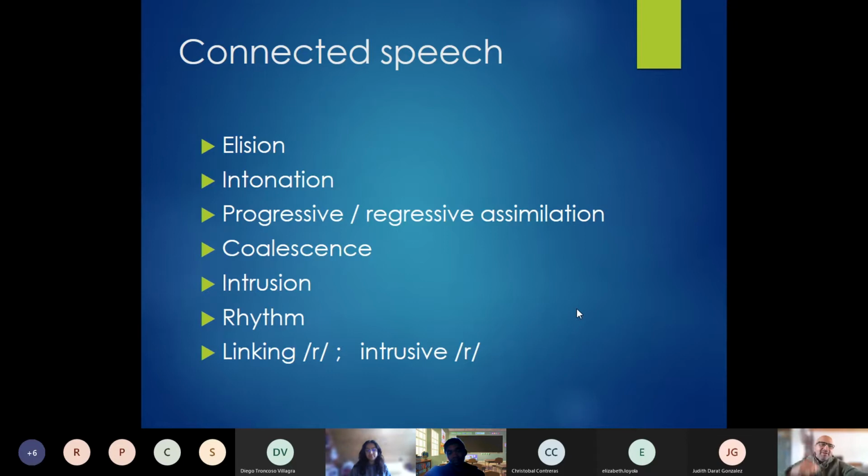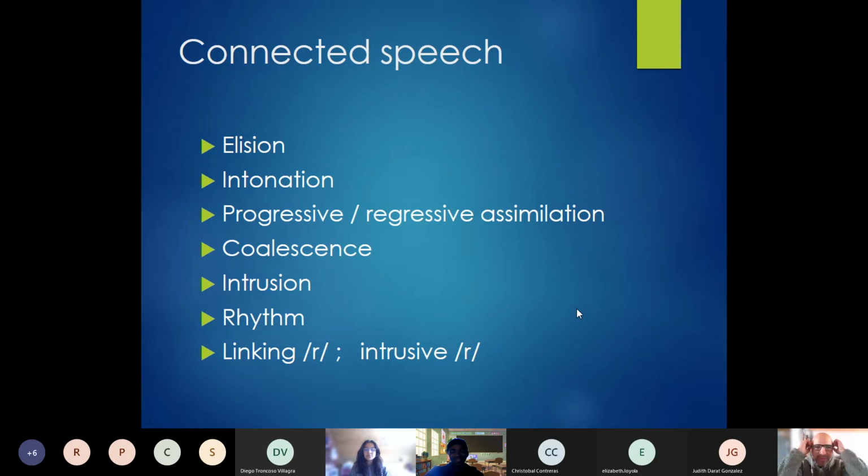Intrusion is not there. But remember, this intrusion is a characteristic feature of some elements that somehow pop up and are inserted by the speaker in order to link, for example, two vowel sounds, and they are inserted out of nowhere, out of the blue. And remember we talked about linking wu and linking ye.